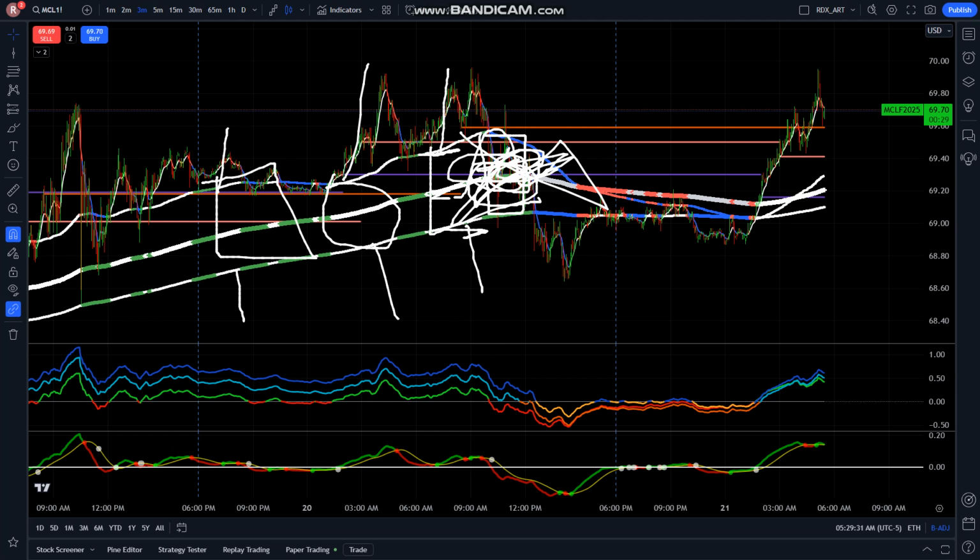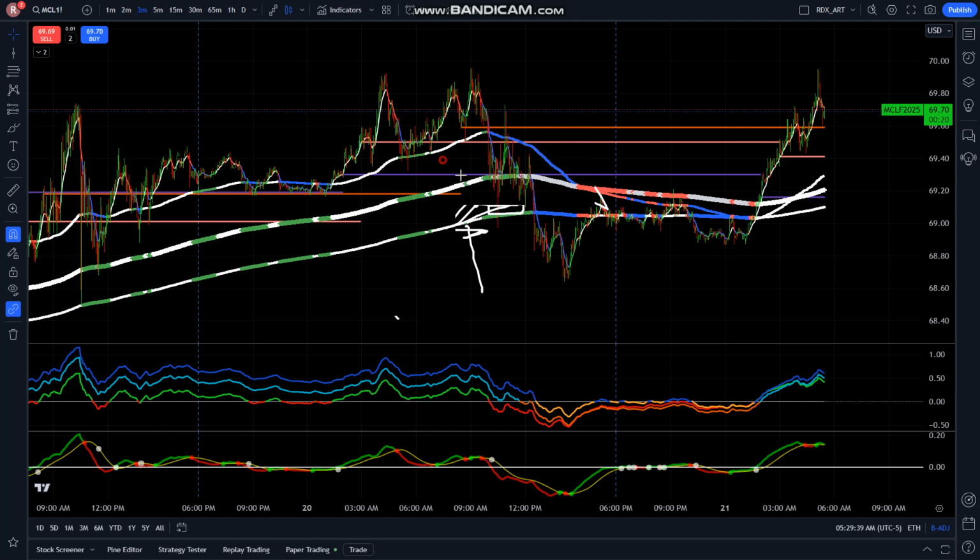Now, for that piece, I'm trying to find what portion of that zone and how I can capture that. Basically, I'm just trying to look for a place to enter.